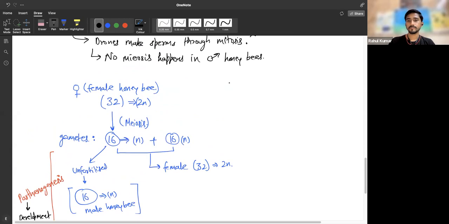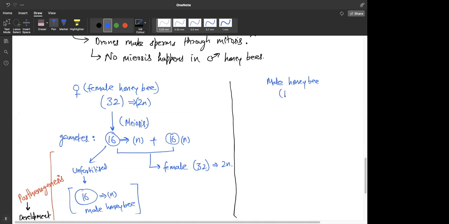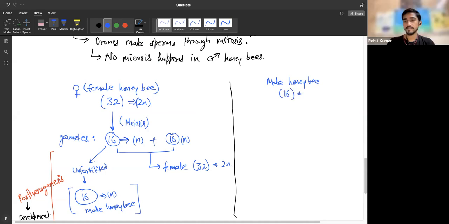Now, if we are starting with male, this is what we are starting with female. Let's say we are starting with a male. What will be the chromosome number of the male? 16. Quickly. 16, and this is haploid, right?